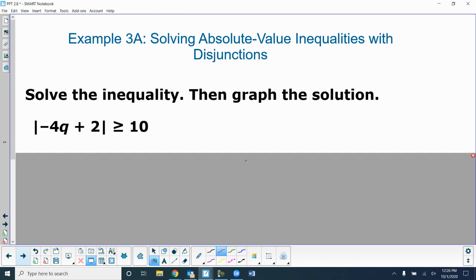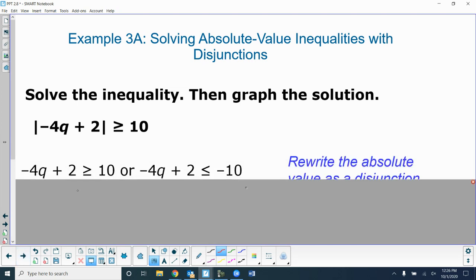All right? So my 2 problems are negative 4q plus 2 is greater than or equal to 10, or negative 4q plus 2 is less than or equal to negative 10. Think about it, we changed it to a negative 10. Basically, we divided by negative 1. What do we do with that? Flip the sign.